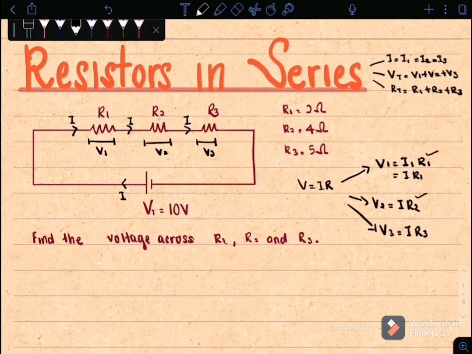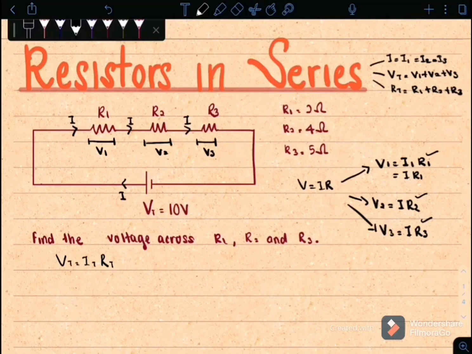Since I know the value of all the resistors here, R1, R2 and R3, I need to first deduce the total current that is flowing in the circuit before I can find the voltage in each resistor. So what I'm going to do is use V total is equal to I total R total to find my I total, which is the current that flows from the power supply.